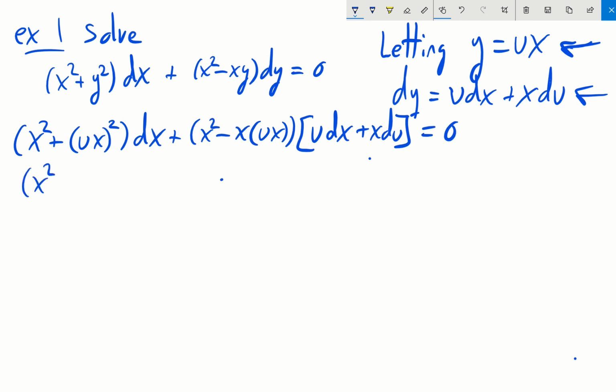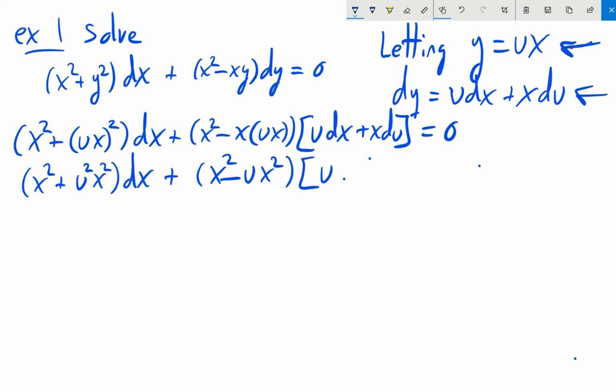We have x squared plus u squared x squared dx plus, this is going to give us an x squared minus ux squared, times u dx plus x du equals 0.